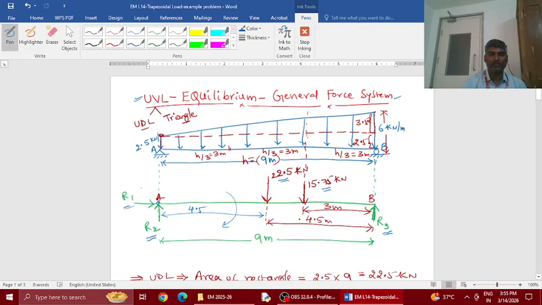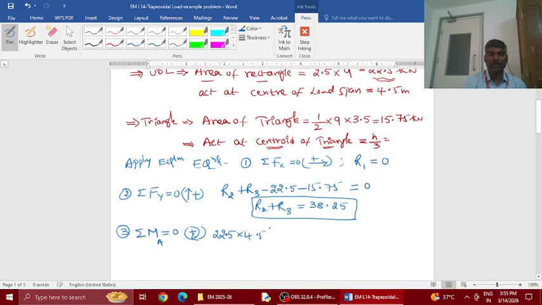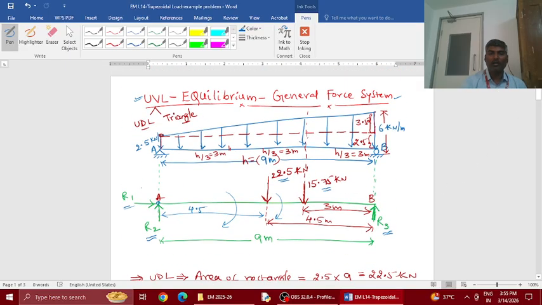Next force, 15.75. Distance from A is 6 meters. Again, this force is also trying to rotate this member clockwise. So 15.75 into the distance from A, 6 meters, clockwise positive. So the leftover force is R3 only.